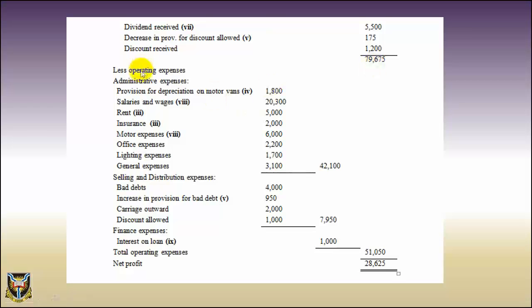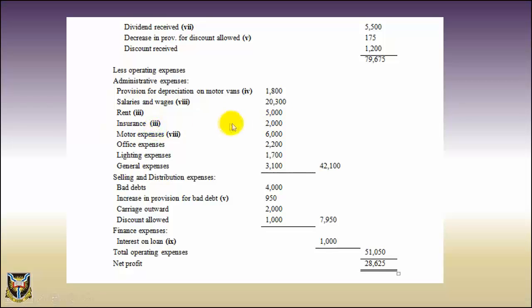Less operating expenses. Administrative expenses. Provision for depreciation on motor vans, 4, 1,800. Salaries and wages, 8, 20,300. Rent, 3, 5,000.